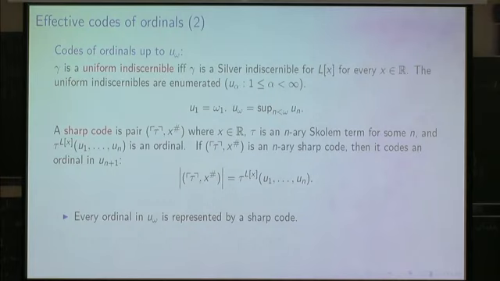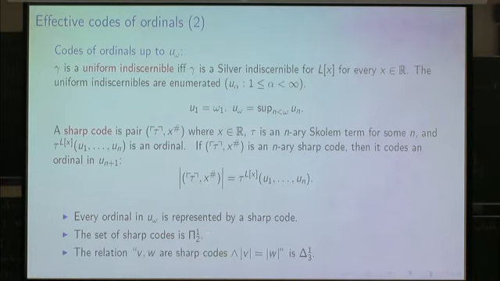This is, I guess, by Solovay, that every ordinal in u omega is represented by a sharp code. The set of sharp codes is pi 1, 2, and the relation of two sharp codes being equal or less than is delta 1, 3. So this is the effective way of coding ordinals up to u omega. So the coding is by the sharp codes.